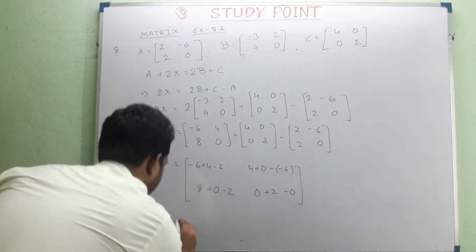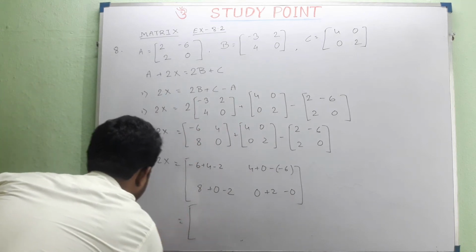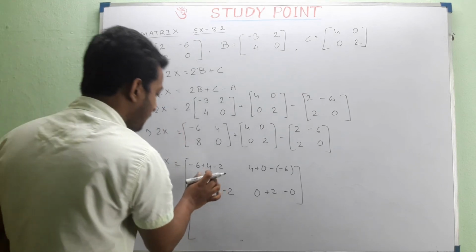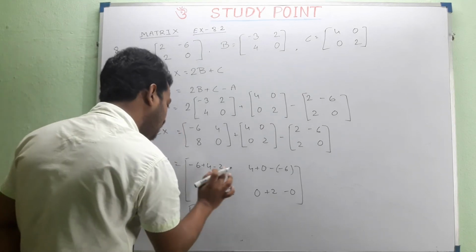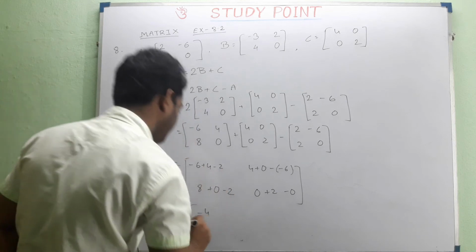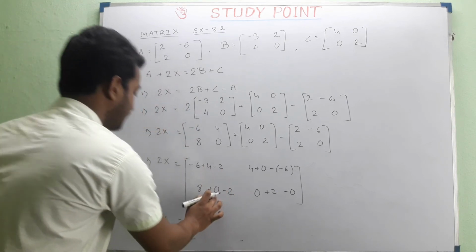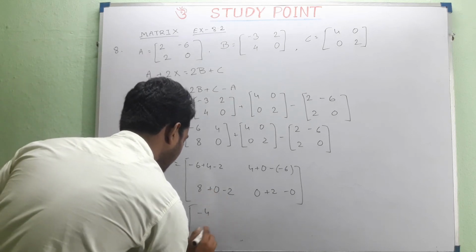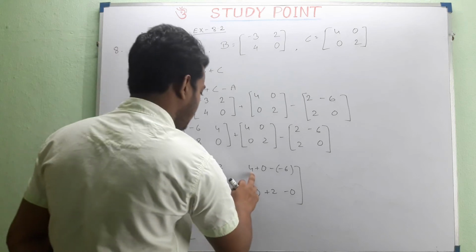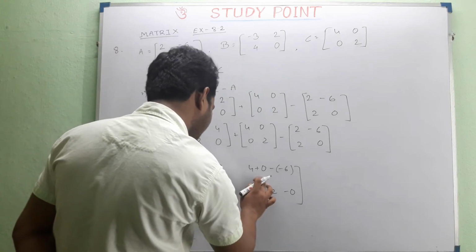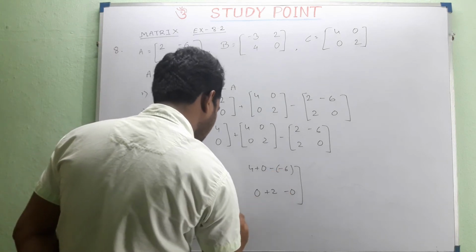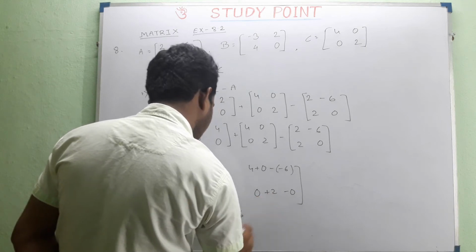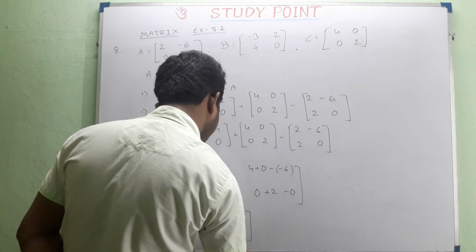Now after subtraction and addition, the terms will be like this: minus 6 plus 4 is minus 2, minus 2 and minus 2 will be minus 4. 8 plus 0 is 8, 8 minus 2 is 6. Here 4 plus 0 is 4. Minus into minus will be plus 6. Here 0 plus 2 is 2, 2 minus 0 again is 2 only.